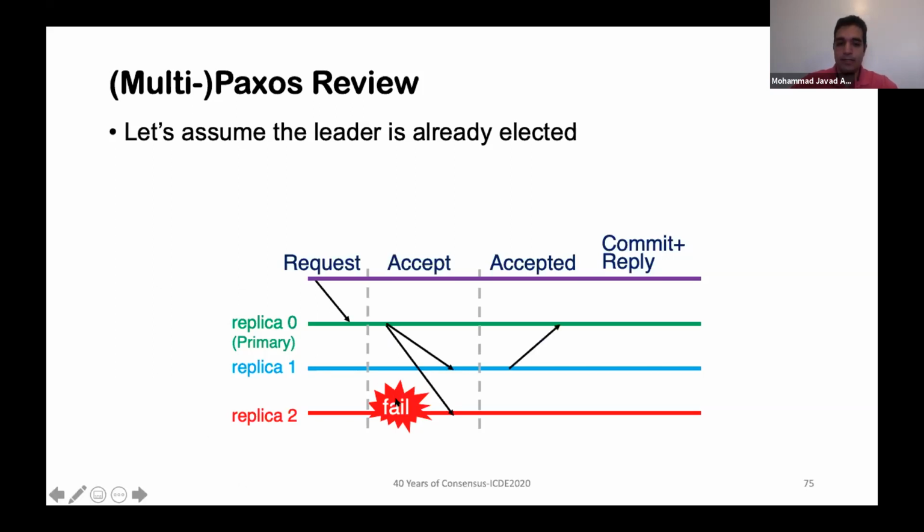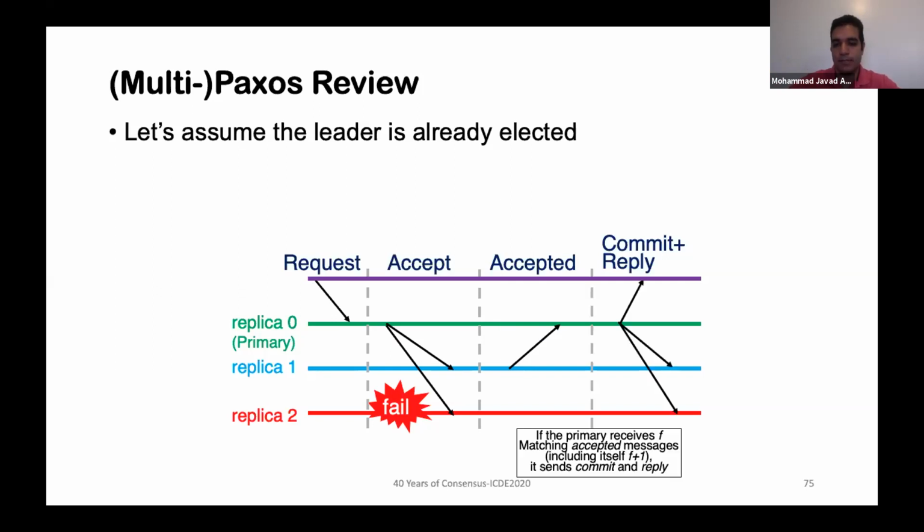So it receives one message from replica 1, and in Paxos we said we need f+1 accepted messages, including the primary. Here f is equal to 1, so we need 2 accepted messages. One is from replica 1, and one is the primary itself, so we have 2, and then we send commit messages.